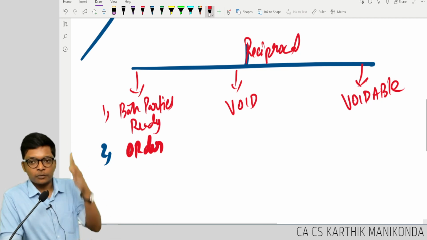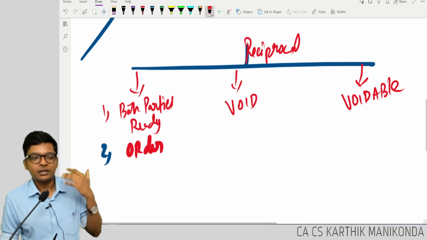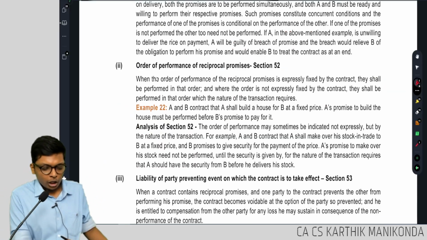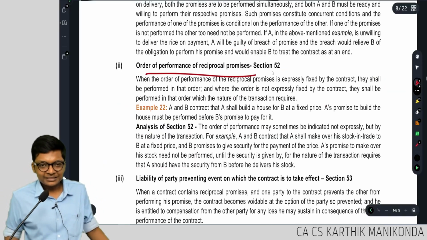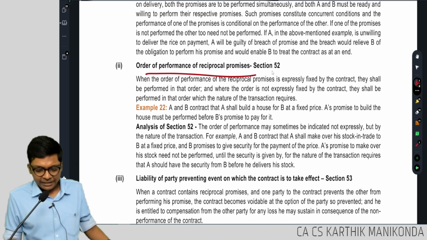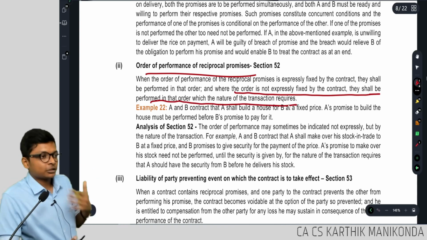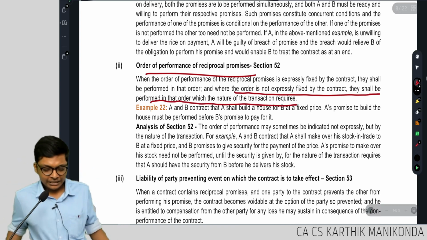Electrician. Then only painter can come and do painting. Painting, he'll finish and go. Again, electrician will break open. Doesn't make sense. So, when there is order of reciprocal performance, even if it is not fixed in the contract, you have to do in that particular order. See, even if it's not expressly fixed, they shall be performed in order which the nature of transaction requires. Common sense. Are you following, guys? That is order of performance.